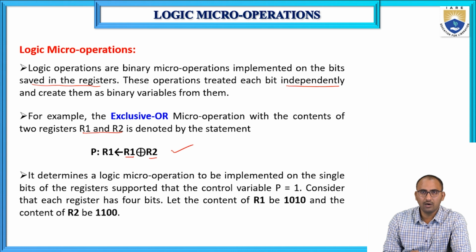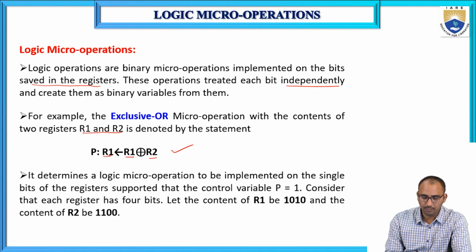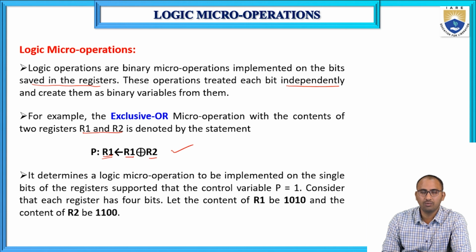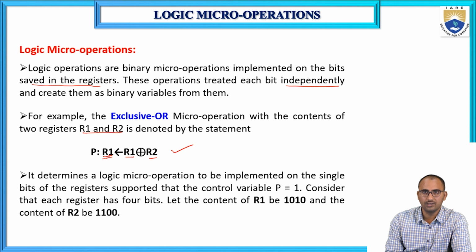Once we have performed this exclusive OR operation, the result is stored in the R1 register. That means after performing exclusive OR, the result is transferred to the R1 register.